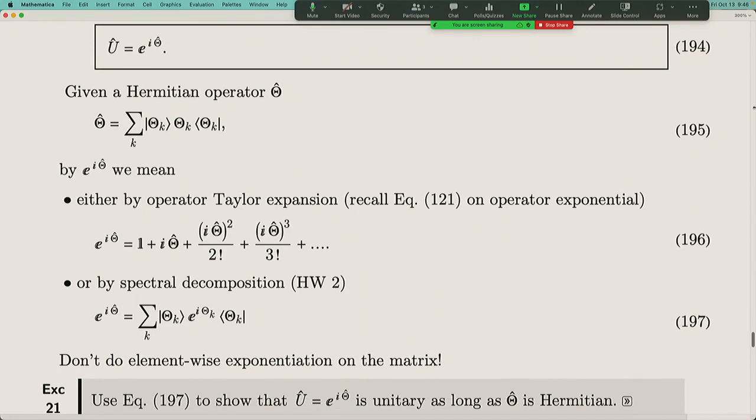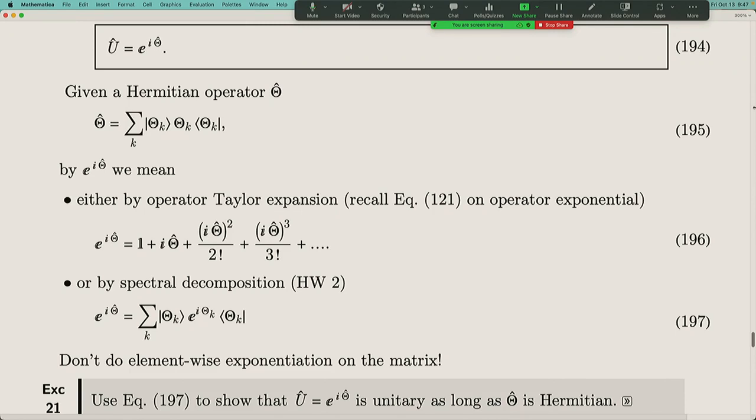First of all, if theta is a Hermitian operator, you can always do spectral decomposition in terms of eigenvectors and corresponding eigenvalues. Then, given that knowledge, e to the i theta can either be calculated by following the definition and computing all these complicated things, or, if you know the spectral decomposition, you can immediately use it. I think we touched on that in homework too.